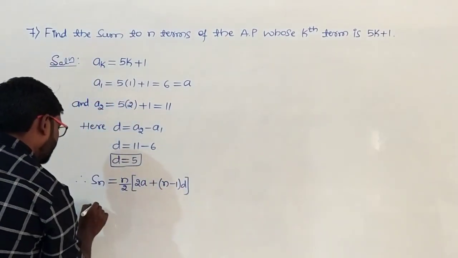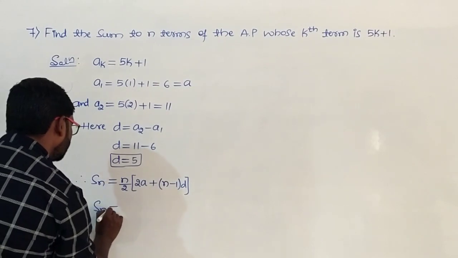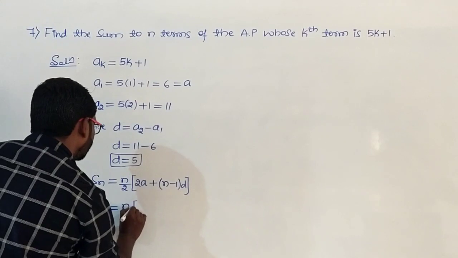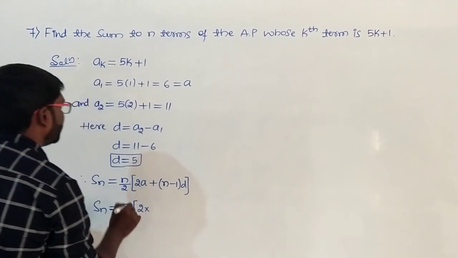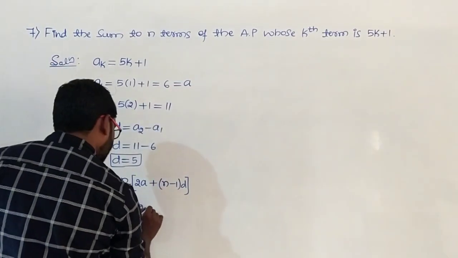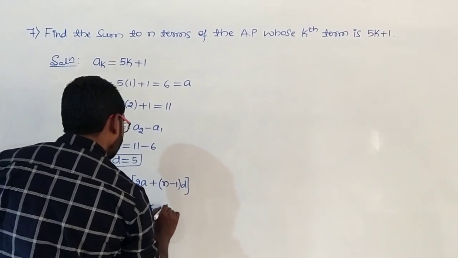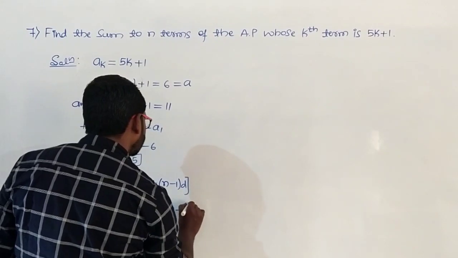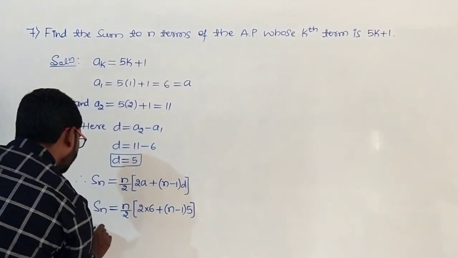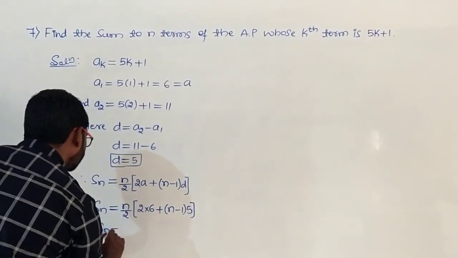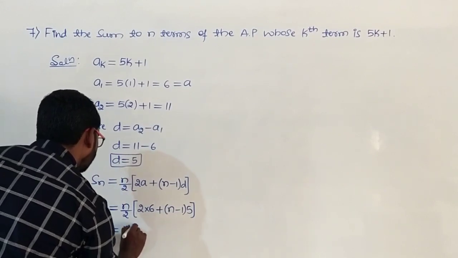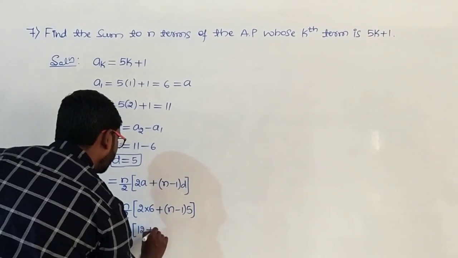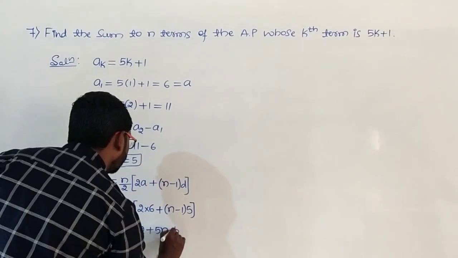So now Sn which is equals to n by 2 into the bracket 2 into A it is 6 plus n minus 1 as it is into D it is 5. So we'll simplify this. Sn which is equals to n by 2, then here we have 12 plus 5n minus 5.